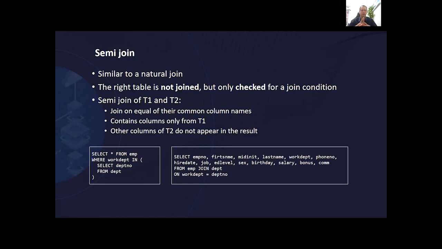And on the right-hand side, I can use a join, where I select all columns from the employee table and join with the department table. The condition is where the work department is a department number. So I will only see those employees that work in a department.